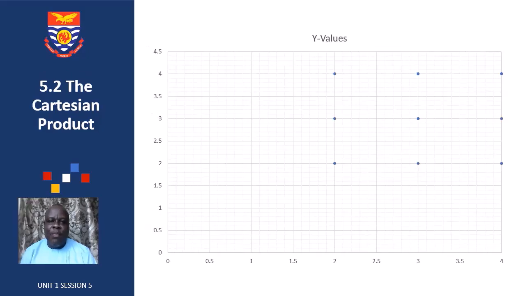Another relationship which we can look at is (2, 2), (2, 3), (2, 4), (3, 2), (3, 3), (3, 4), (4, 2), (4, 3), and (4, 4).